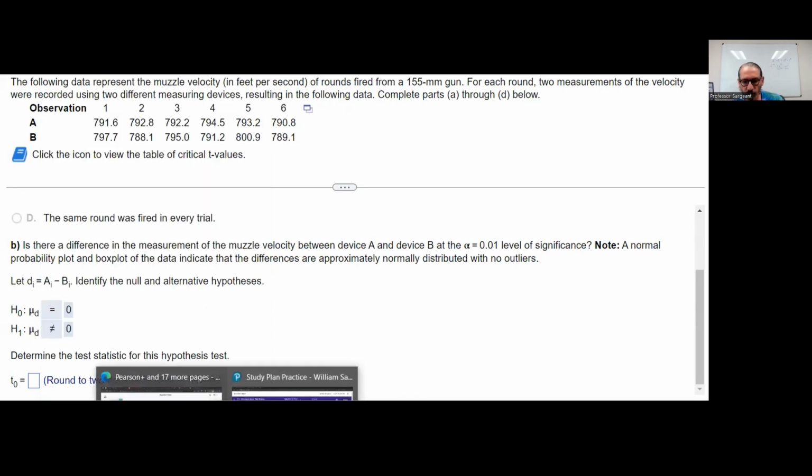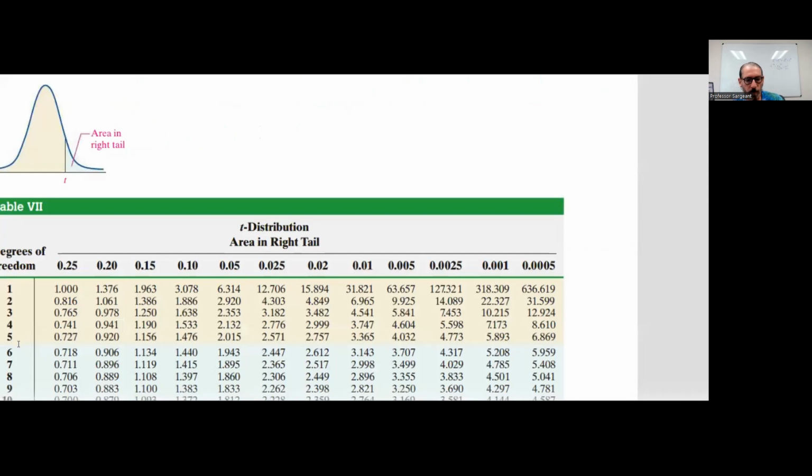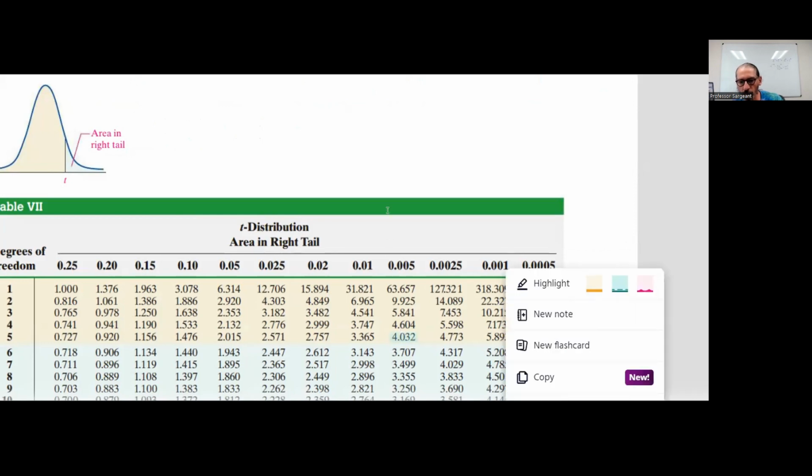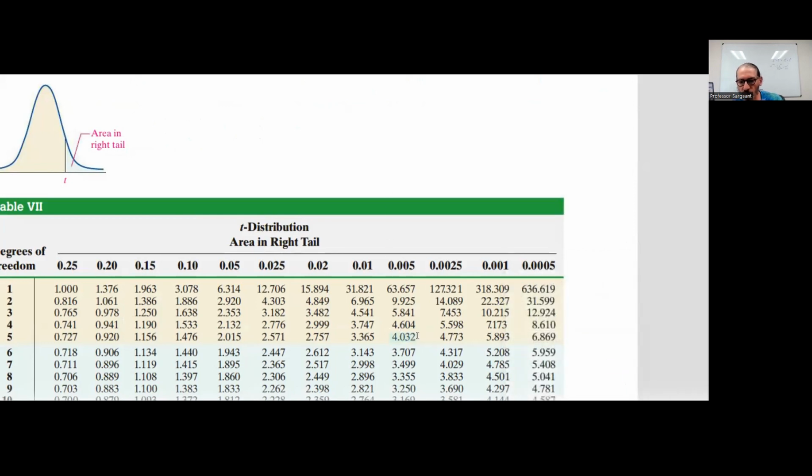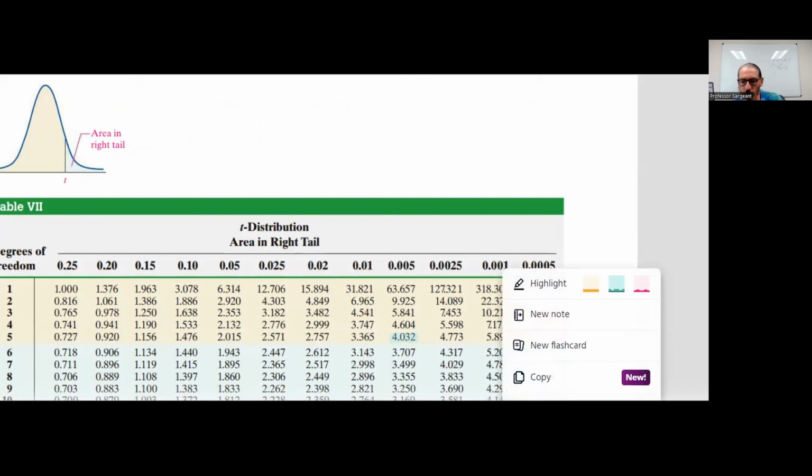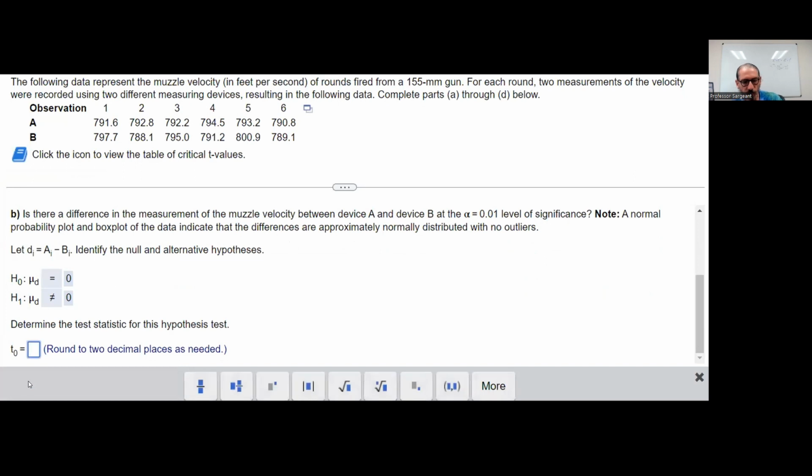So 5 degrees of freedom right here, and the 0.005 column here is giving me 4.032. Not sure if it let me copy and paste that or not. Let's see if pasting that works. Nope. Okay, 4.032.